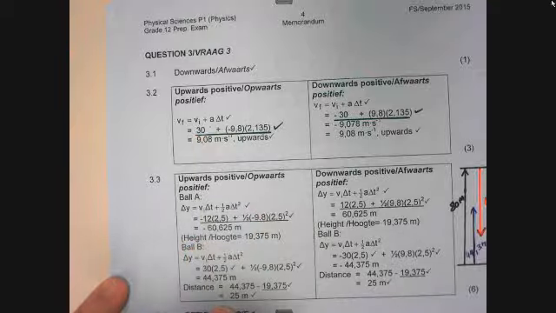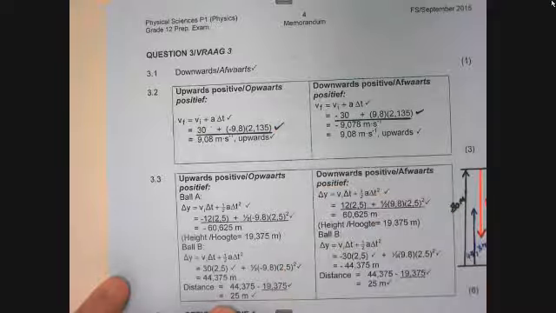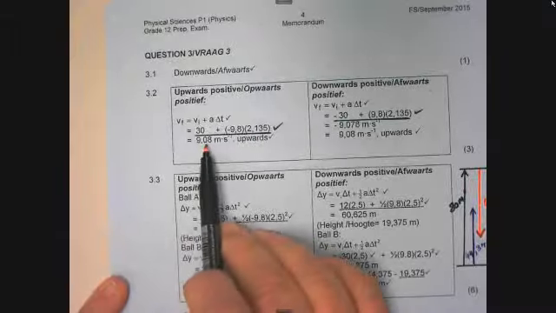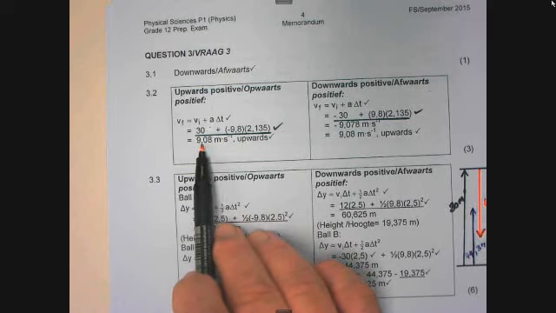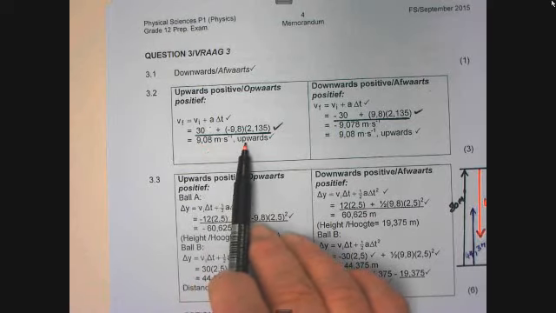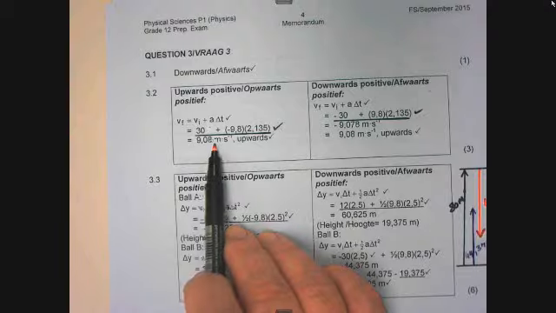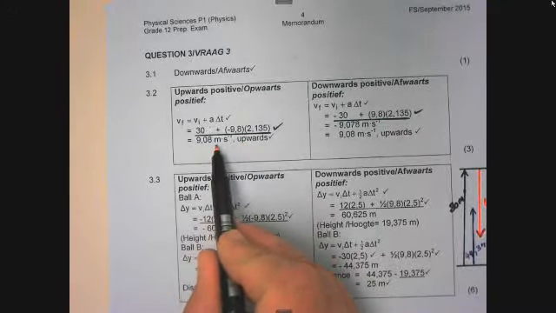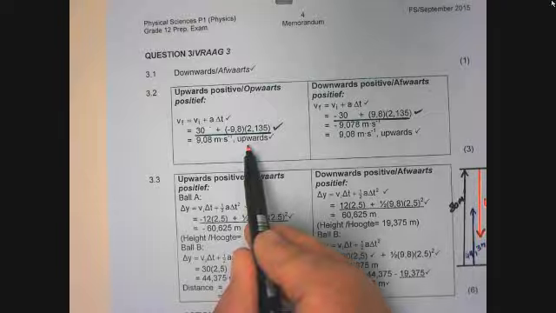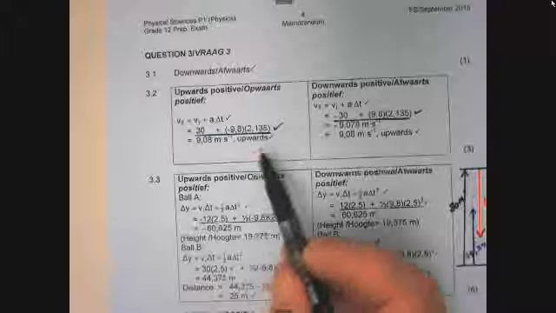Therefore, I've underlined it so that you know that you award a mark for the whole statement, and then for the final answer, because the question was velocity, the answer also must have an indication of the direction. So it is 1 mark for the answer and the direction, for the magnitude of the velocity and the direction. So 3 marks. Again, maybe a lot of work for 3 marks, but that is how it is done in the memo.